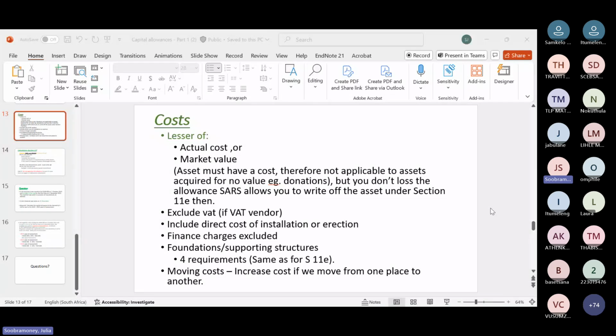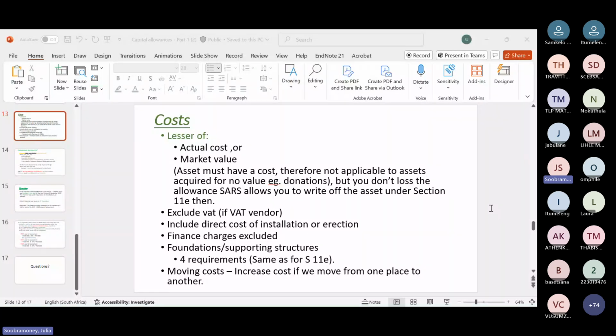There are no more allowances, it's written off already. Is it fair now that I lose that moving cost because that asset has been written off? It's not fair, right? Because that moving cost actually forms part of the cost price now of that asset. So now you need to ask yourself, if the asset is already written off, what does that mean? It means that I can get the full deduction of that moving cost. So it will be 100% deductible. Why? The asset's already been deducted. I can get 100% deduction now.